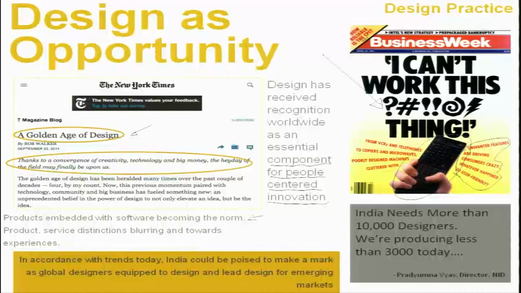So currently it is strongly felt that there are more than about 10,000 odd trained designers which are needed by our nation, and probably at this level we are producing not more than about 300 trained designers.